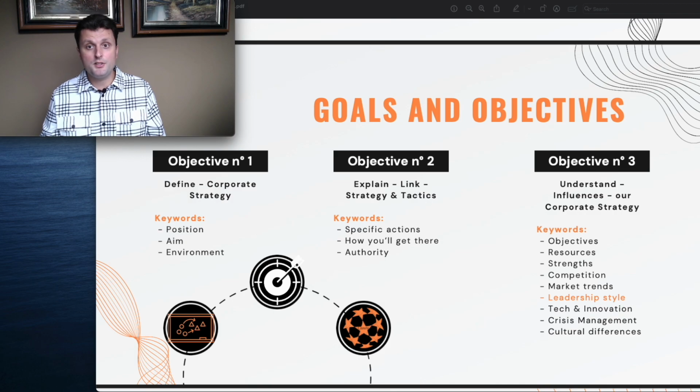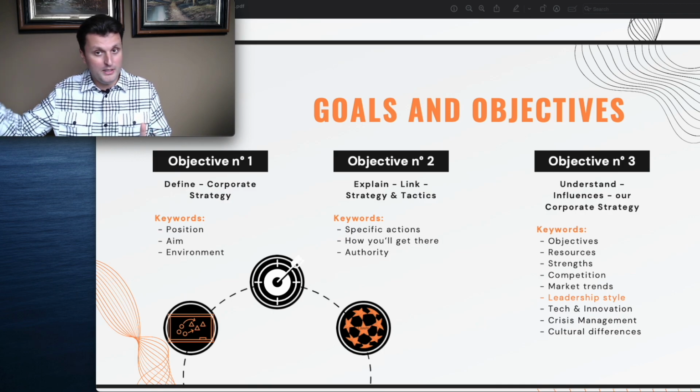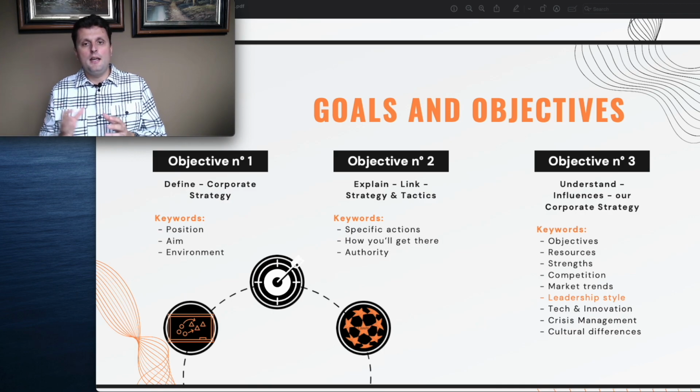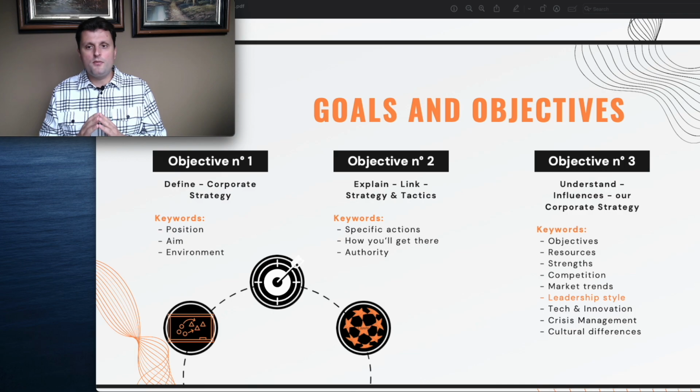But there's something about this action plan that you can't really ignore, because it's a long-term action plan. What you do today is really important and must impact the overall plan that we have until next year. And this is where the main difference between corporate strategy and tactics will kick in.